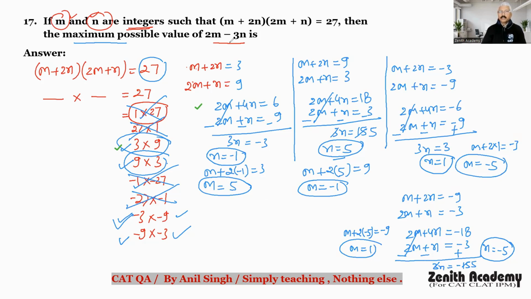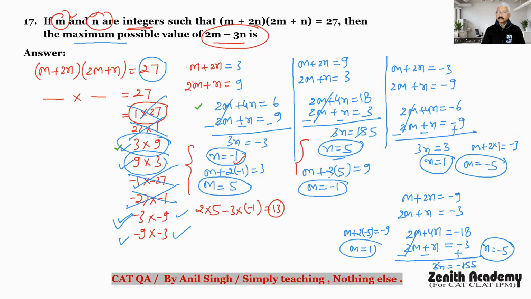So for set 1, let us check 2m minus 3n. Twice into m is 5, I'm putting the value here in 2m minus 3n. So m is 5 and minus 3 into minus 1, so 10 plus 3, 13.